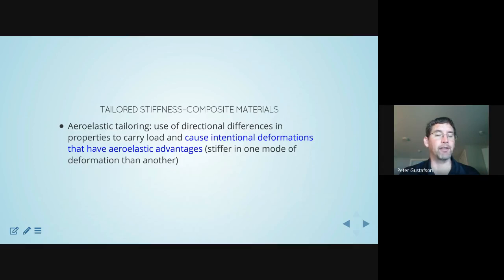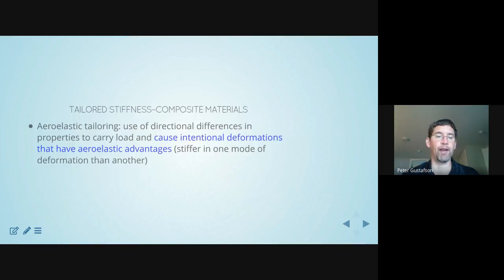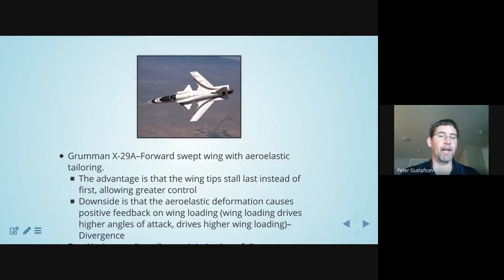What is aeroelastic tailoring? It was a method by which you design, using composite materials, directional differences in stiffness such that as, for example, the wing bent up due to aerodynamic lifting load, it also twisted forward instead of backward. So pitch down rather than pitch up, in order to contain or decrease the risk of wing divergence. The aircraft that is perhaps most famous for that is the Grumman X-29A.